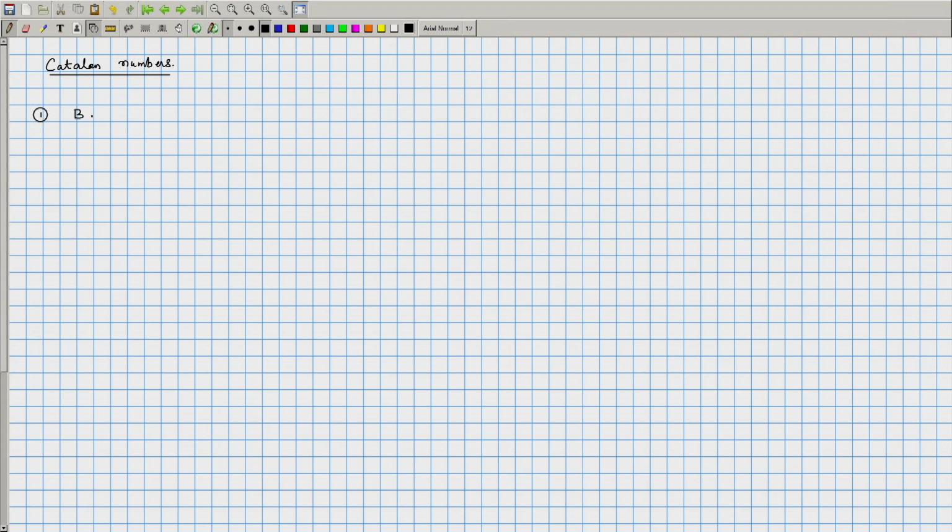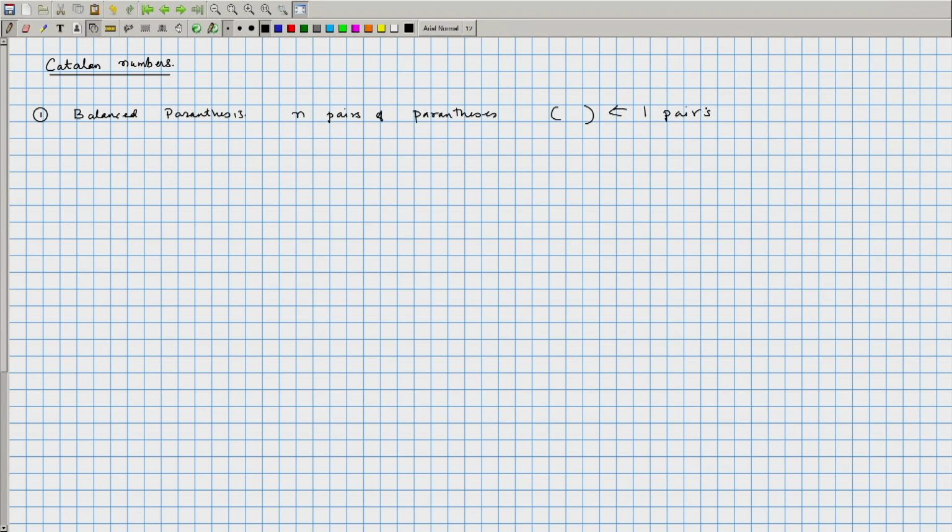The first thing is balanced parenthesis. Okay. So, we have, let us say, n pairs of parentheses. Left and right parentheses, so this is one pair and we have n such pairs, and we want to rearrange them in any manner, but the result should be a balanced parenthesis.